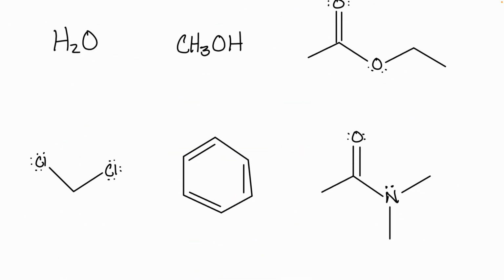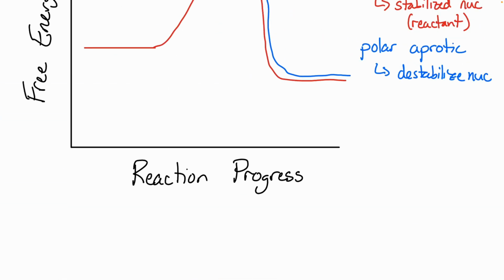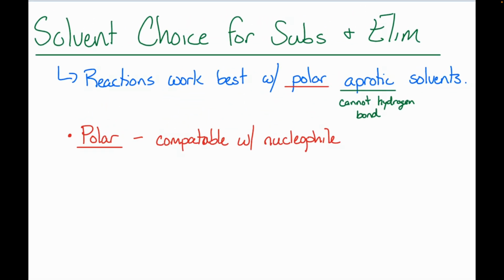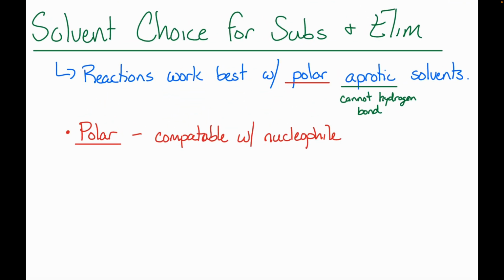Deuterium actually can still hydrogen bond because the D is still a hydrogen atom. Holy cow, sorry. I zoomed way too much out. We'll see some examples of some aprotic solvents, things that can't hydrogen bond, here in a second.